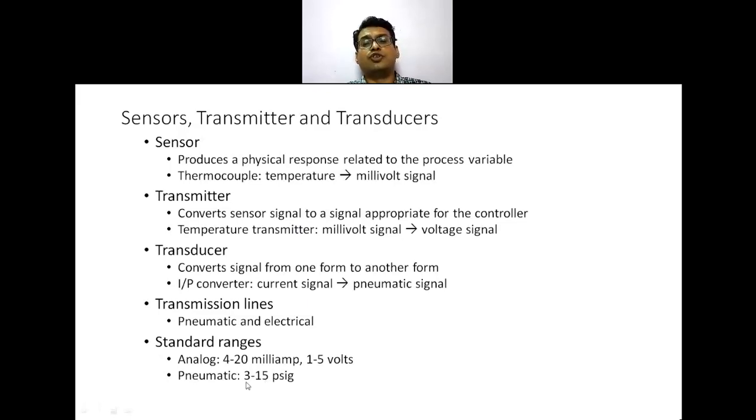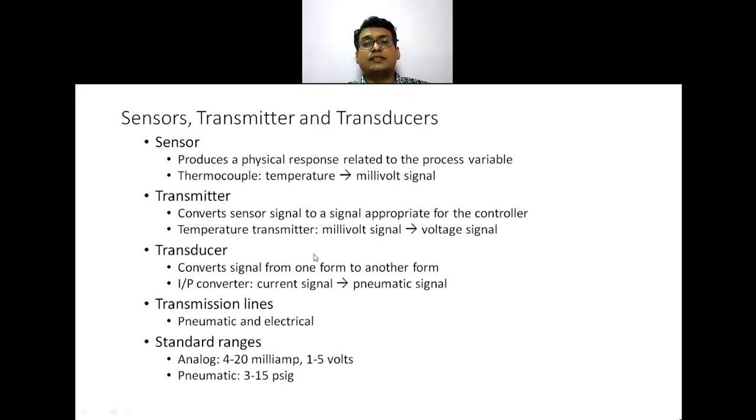So this pneumatic pressure of 3 to 15 psig is not a very high pressure. It's just about 1 atmospheric pressure. So these are the three standard ranges. That is analog signal, 4 to 20 milliamperes with a voltage of 1 to 5 volts, and the pneumatic signal having a pressure of 3 to 15 psi.